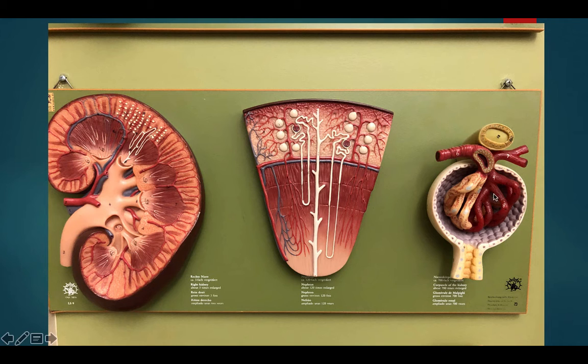This actually shows in red here the glomerulus, and in white is the glomerular capsule. What happens here, and I talk about this in lecture, is you have the afferent arteriole, and you'll always know the afferent arteriole is going to be larger in diameter, and the efferent arteriole coming out is going to be more narrow in diameter.